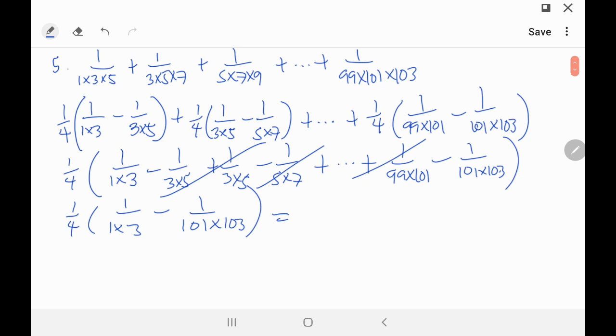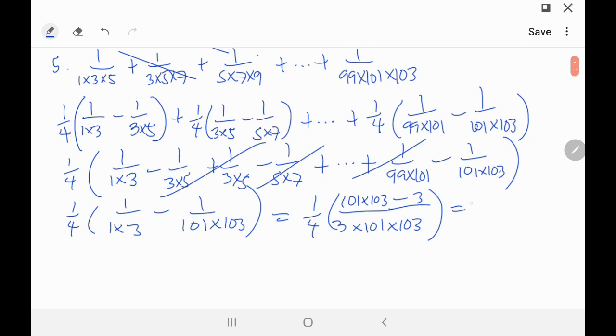Okay, so our fraction now can be simplified as 1/4 times, our common denominator will be 3 times 101 times 103, and the numerator will be equal to 101 times 103 minus 3.